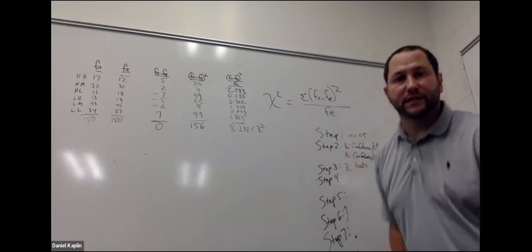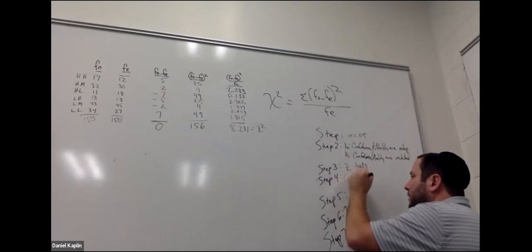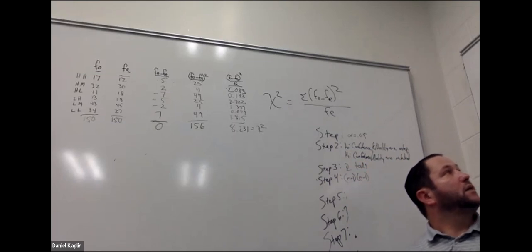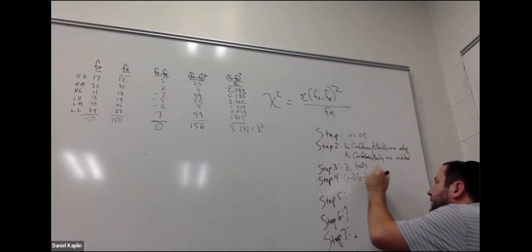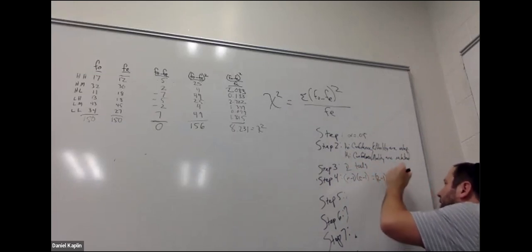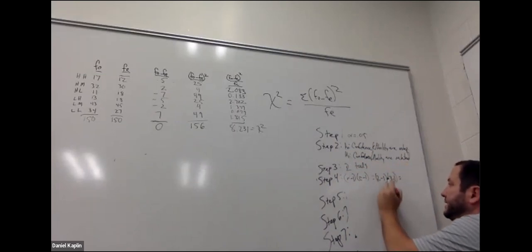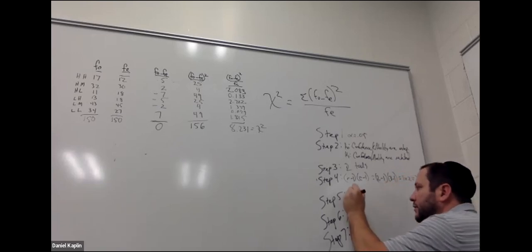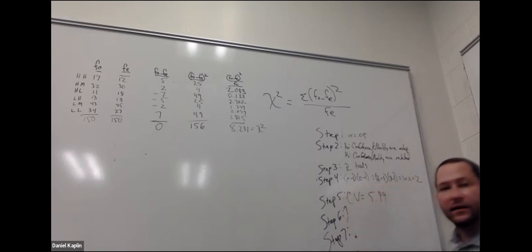Now, remember the degrees of freedom is R minus 1 times C minus 1. That's going to give us our degrees of freedom. So we had high, low ability. So that's going to be 2 minus 1 times 3 minus 1. It's nice that we're keeping the same critical value: 1 times 2, or 2 degrees of freedom, which means our critical value is, again, 5.99.